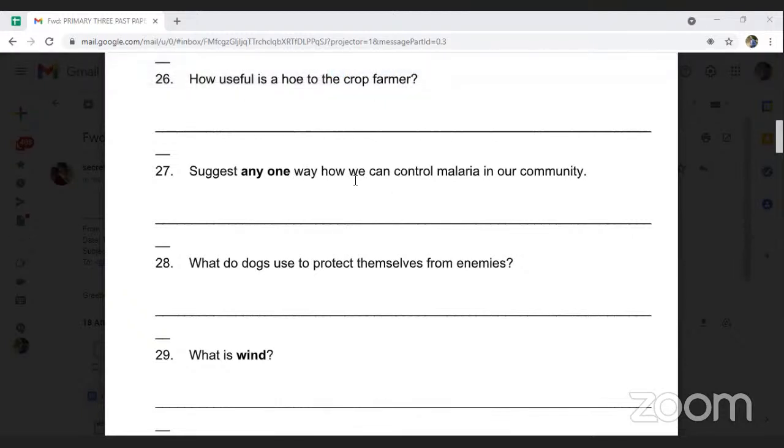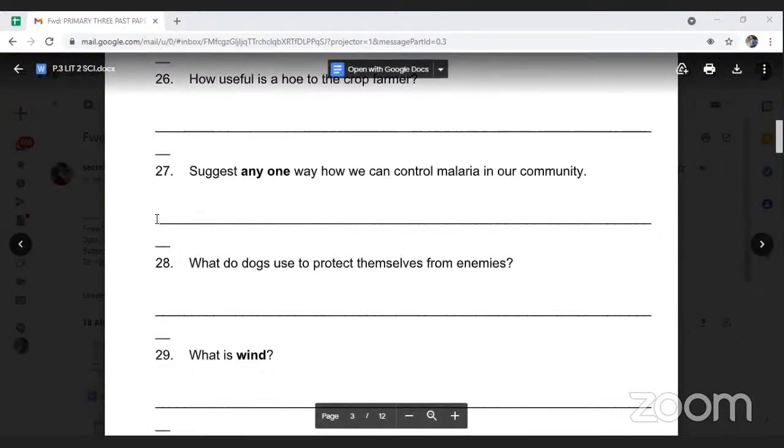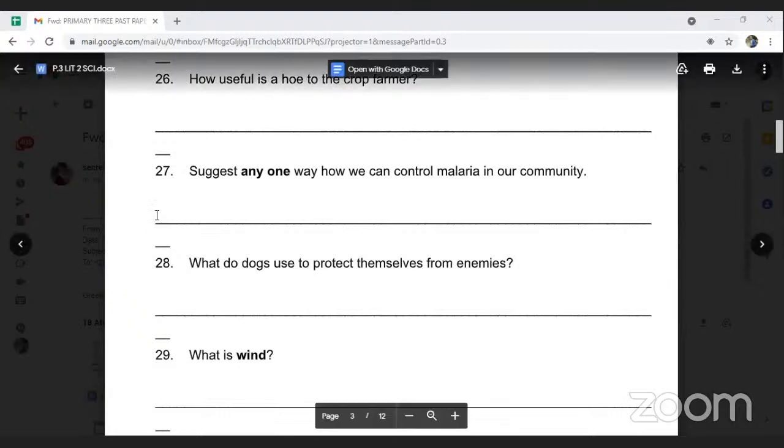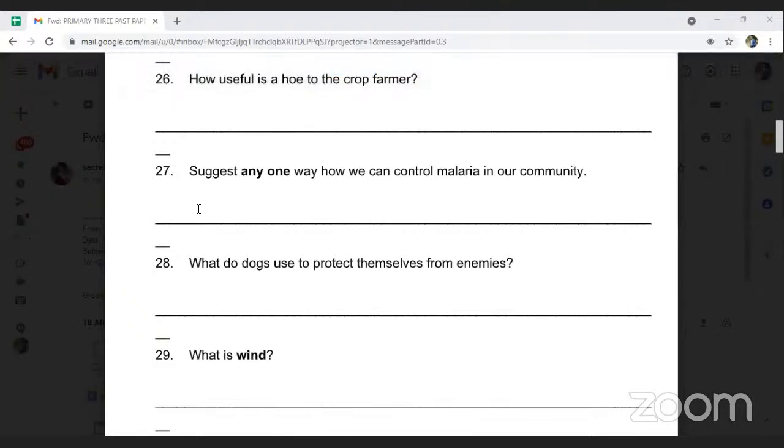Give the way how we can control malaria in our community. Instead of saying getting, you can even get the mosquito net and still suffer from malaria. So what you do is sleep under a treated mosquito net.